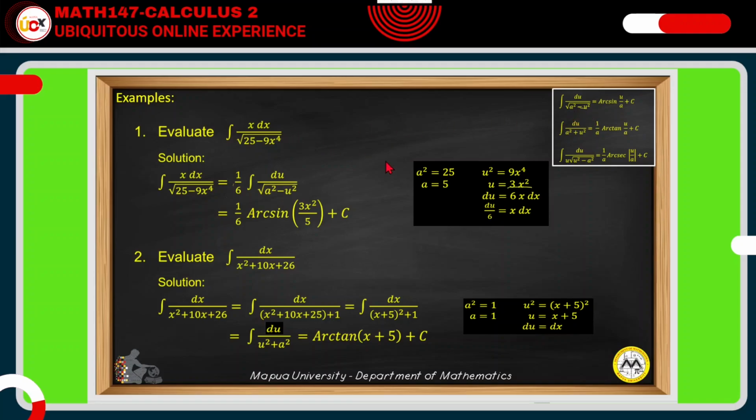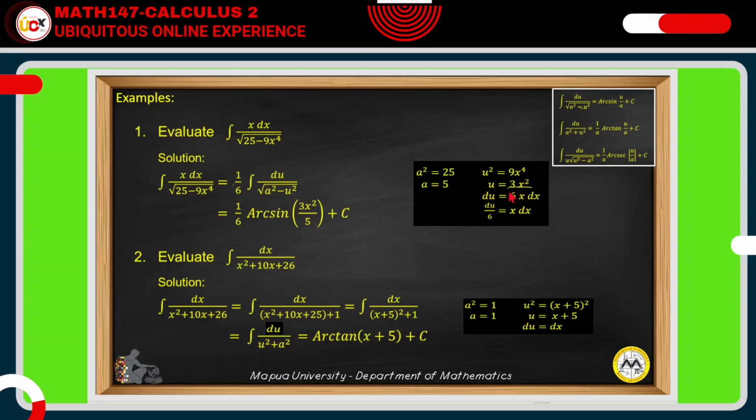And from here, now we can use the following representation. a squared is 25, which is the constant, and u squared is 9x to the fourth power. And then taking the square root of both sides, we get a equals 5, and for u squared equals 9x to the fourth, u is 3x squared.